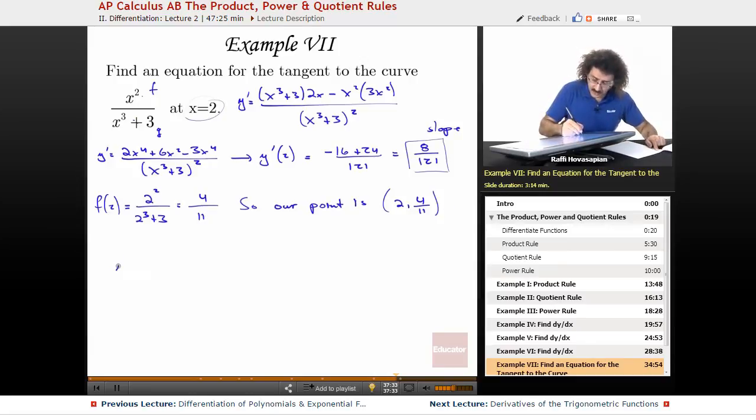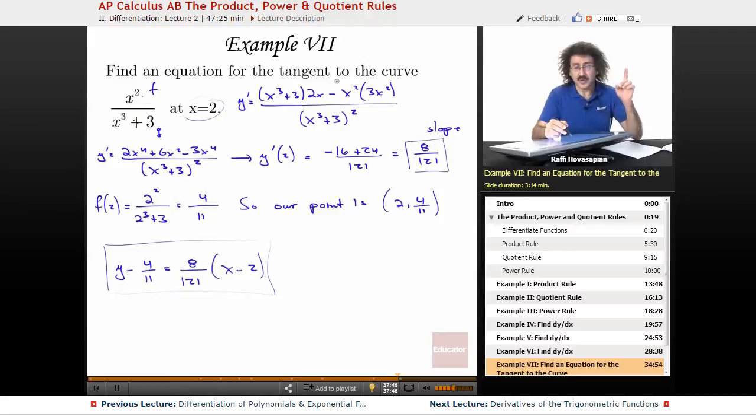Therefore, our equation is y minus 4/11 equals 8 over 121 times x minus 2. There you go. They wanted the equation of the tangent to the curve at x equals 2. When x equals 2, the y value is 4/11, so we know the line passes through that point. The slope of the line is the derivative at that point. Y minus y1 equals m times x minus x1.